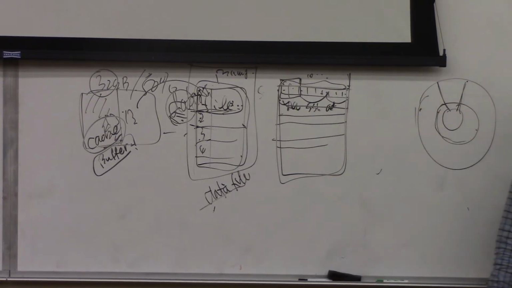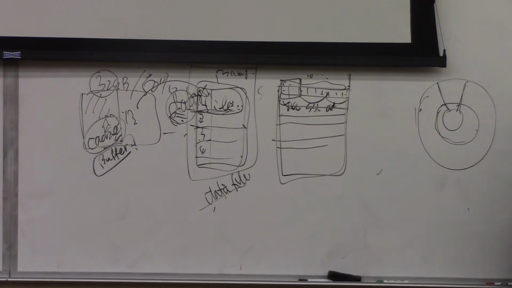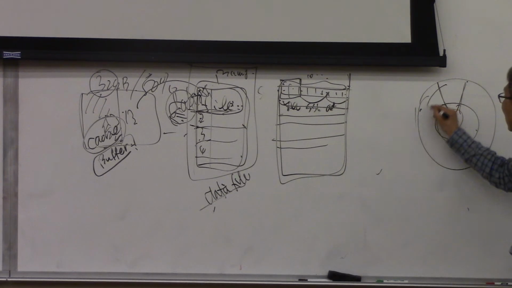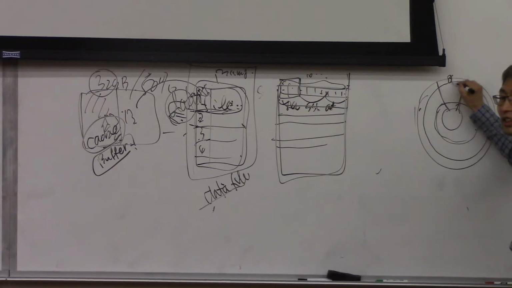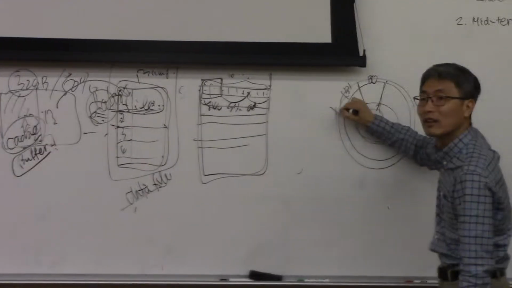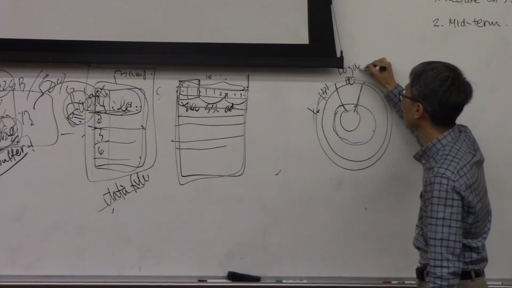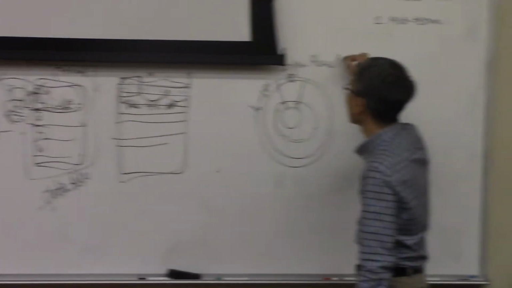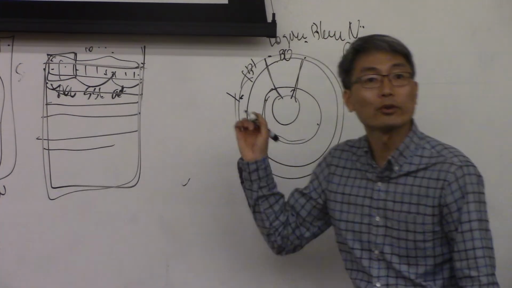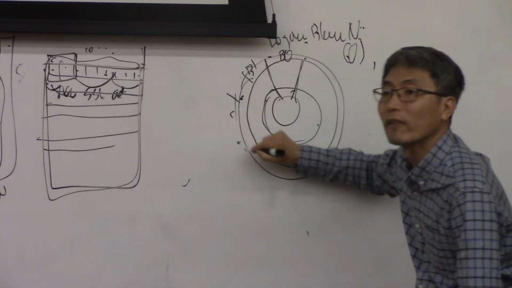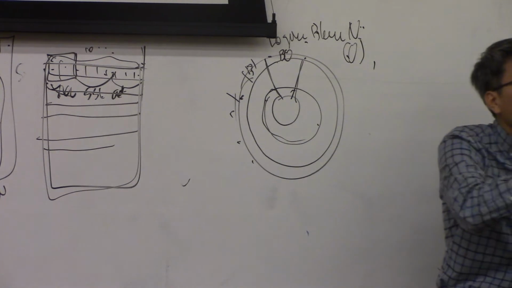Instead, we are using this: block 0, block 1, a logical block number or unit, LBN or LBU. So we use 0, 1, 2, 3, 4.